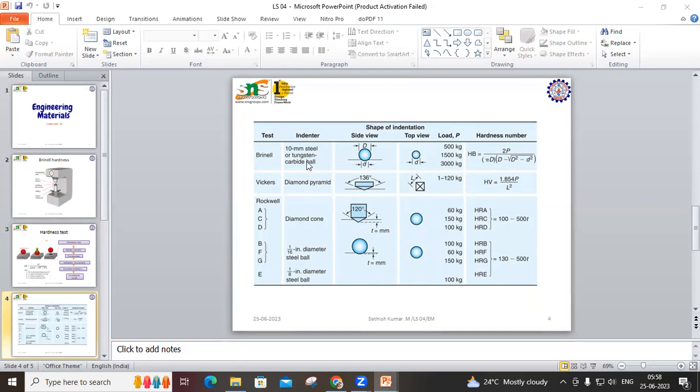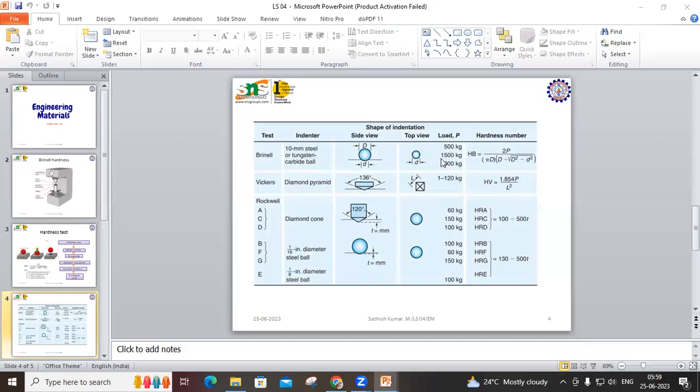Here we have a 10 mm steel ball or tungsten carbide ball being used, where the diameter of the indenter is capital D and small d is the diameter of the indentation or impression made on the material. The loads applied here are 500 kgs, 1500 kgs and 3000 kgs. When we compare this with Rockwell hardness tests, it is almost 5 times.